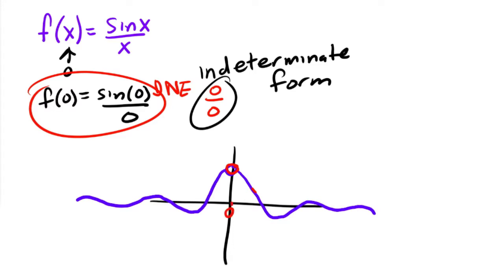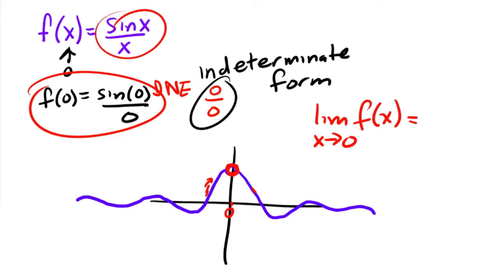But it's obvious that when x equals 0, this guy is undefined. But the limit as x approaches 0 of sine of x over x is equal to 1, because both from the left side and the right side, as x approaches 0, that function is going towards 1.